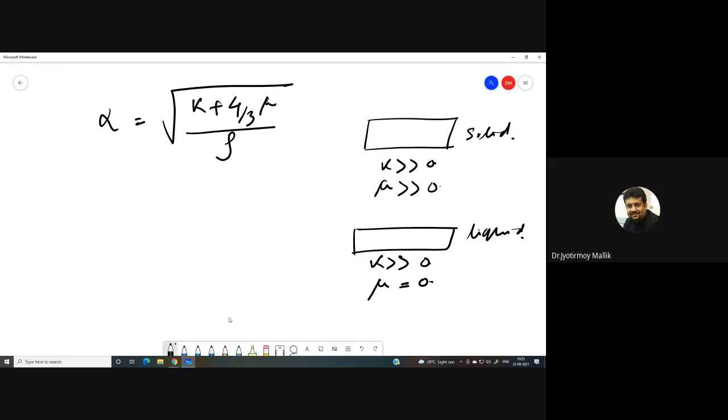So if I try to find out what the velocity of a P wave in a liquid would be, mu becomes 0, so I'm left with root over k by rho. And you can see alpha is non-zero.